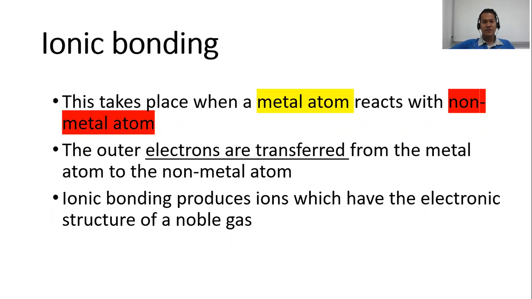In our previous video, we talked about ionic bonding, okay? And we already know that in ionic bonds, electrons are transferred when a metal atom reacts with non-metals.